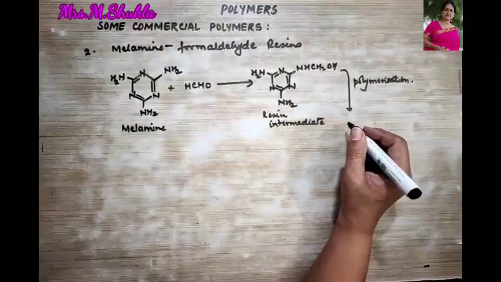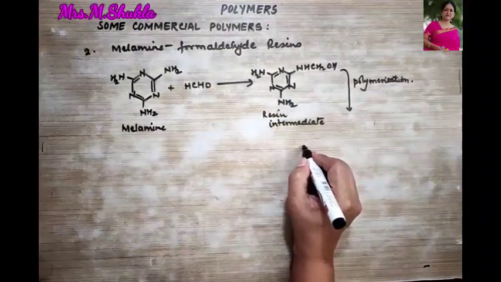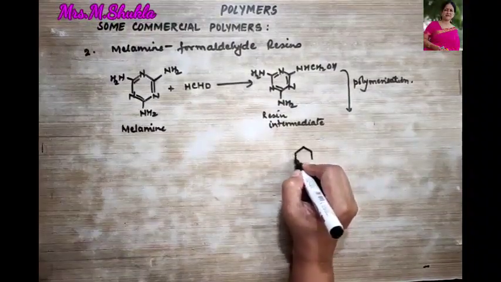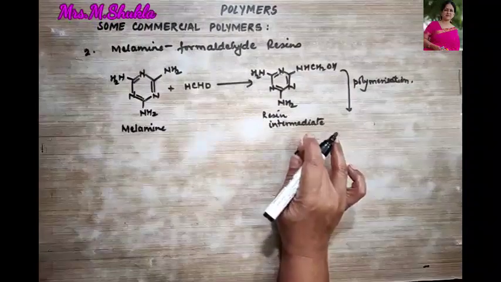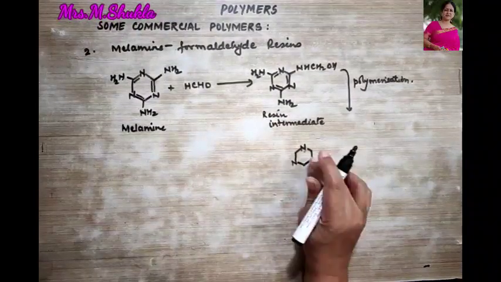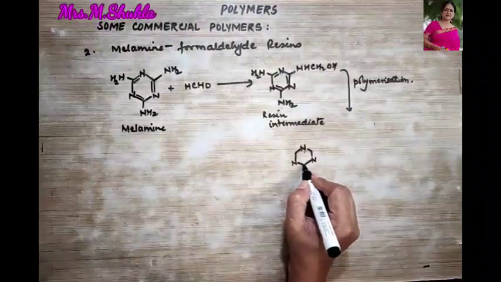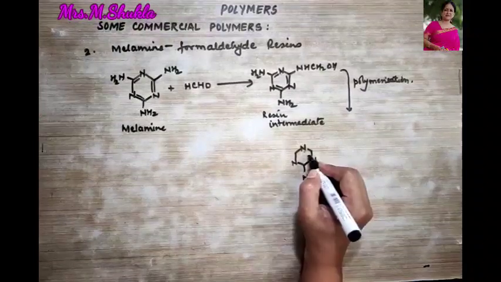Now let us look at the melamine formaldehyde structure that is formed over here. This is N, N, N, NH.